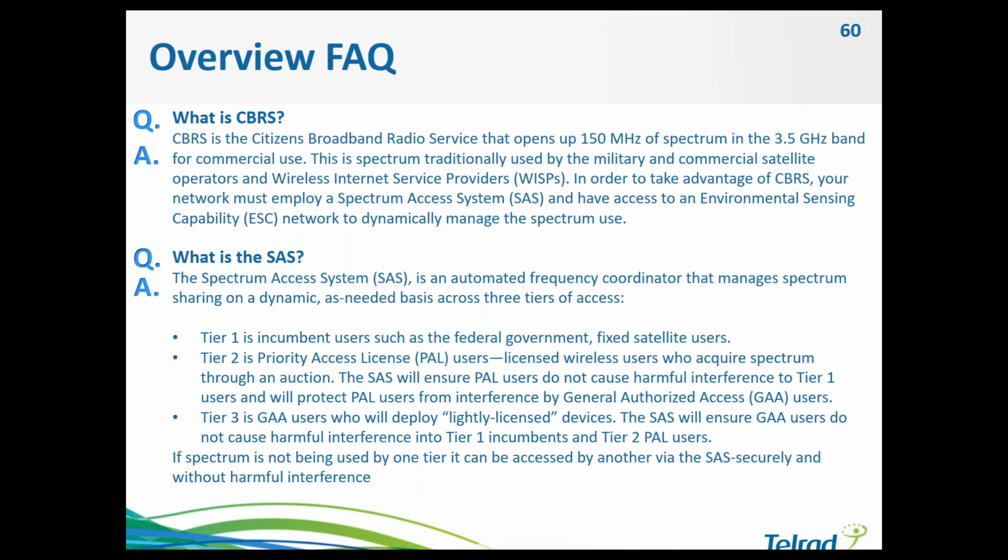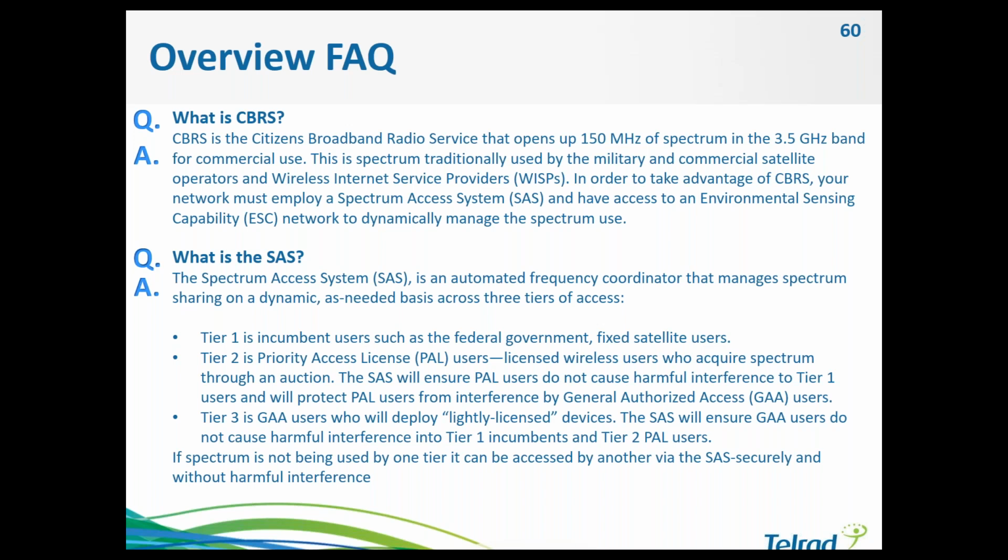Tier 1 is the federal government, which means basically mostly the army and satellites. Okay, and Tier 2 is called Priority Access License, or PAL, which is the user that bids and pays some money for access to the spectrum.